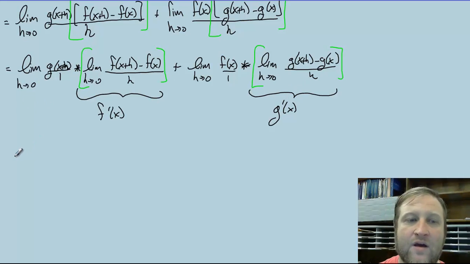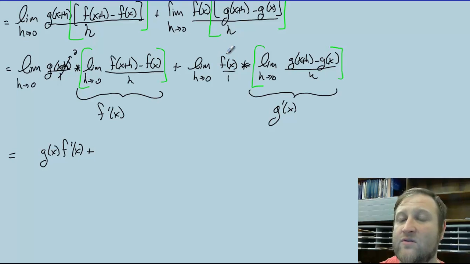So now we will have the limit as h approaches 0. Notice if h goes to 0, this goes to 0, so we're just going to be left with g of x. This is f prime of x plus this goes to 0, does not affect our function f of x because that's just constant.